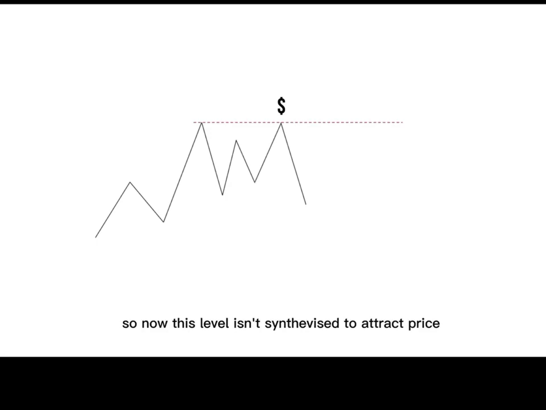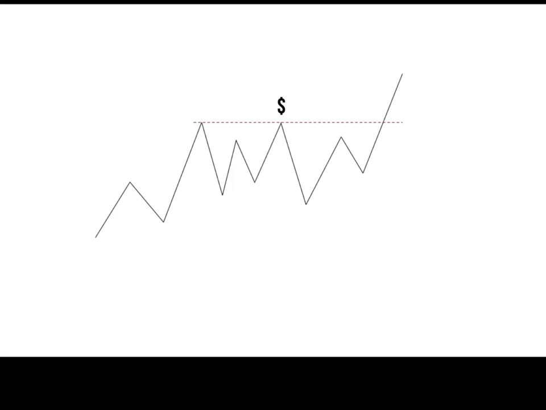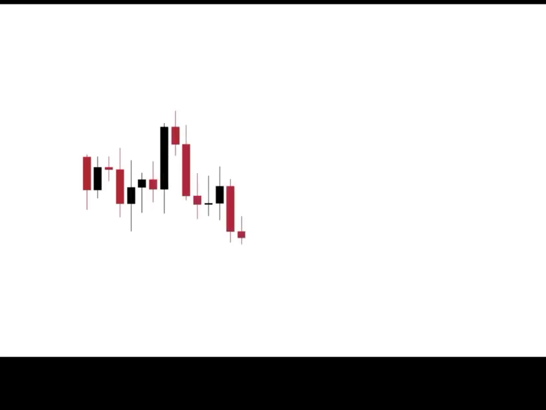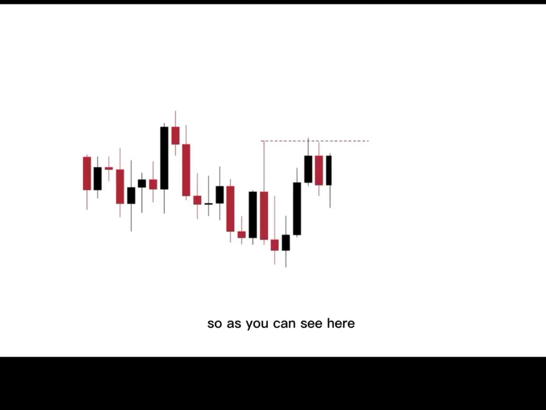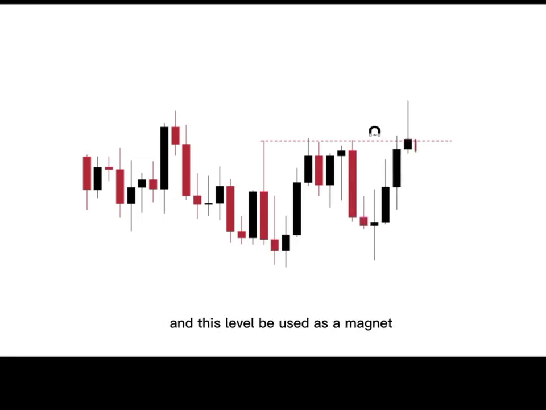So now this level is incentivized to attract price, and it will act as a magnet for price to later run over this level. So as you can see here, price is finding resistance, and this level will be used as a magnet for price to run through it.